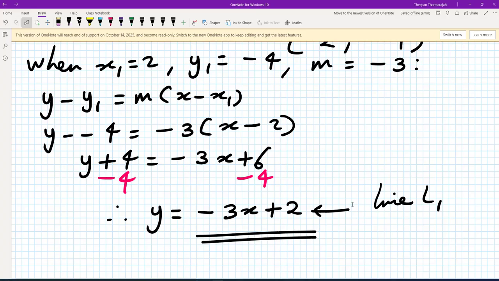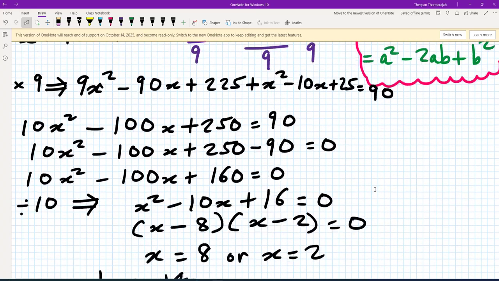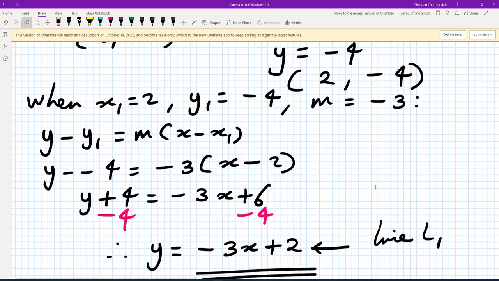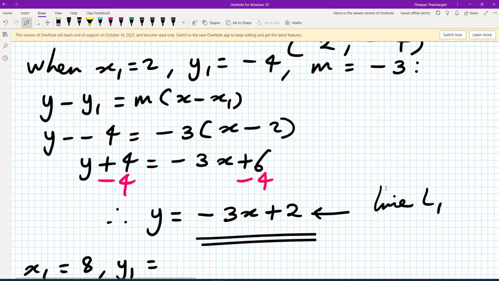Now we need the equation of line L2. Now L2 has the greater x coordinate, which we worked out, that was 8. So the same thing as before, we're going to say what x1 is, that was 8. We need to write down what y1 is, going back to our coordinates.